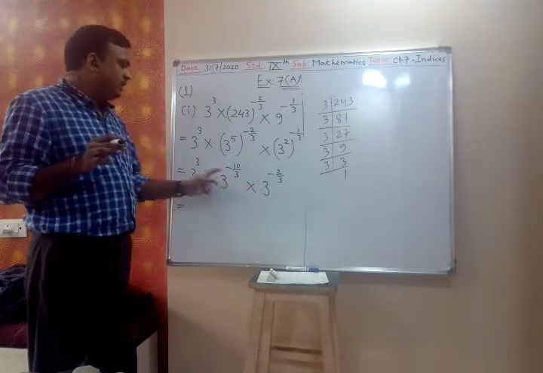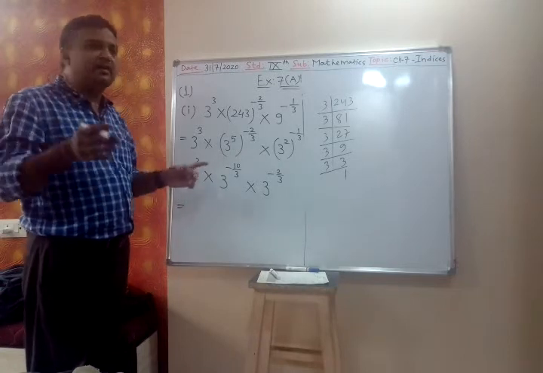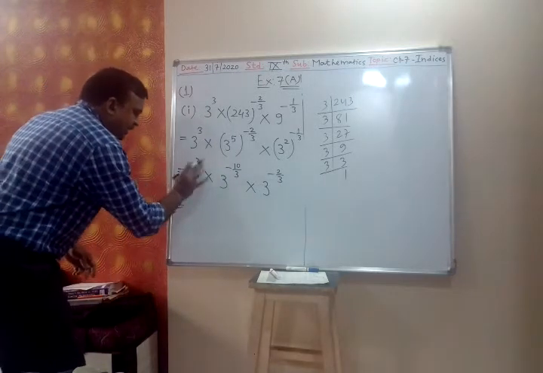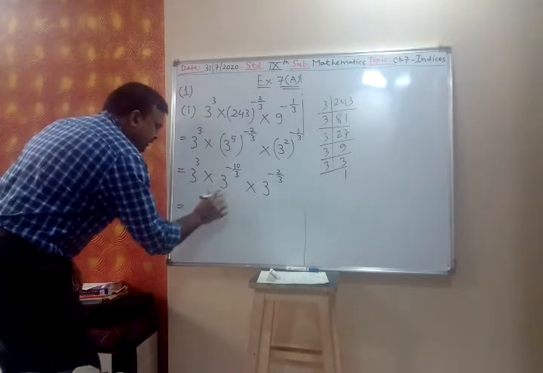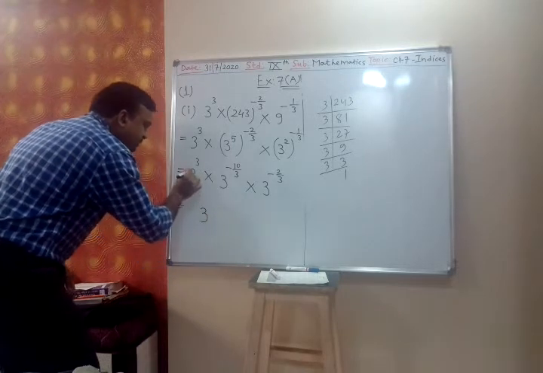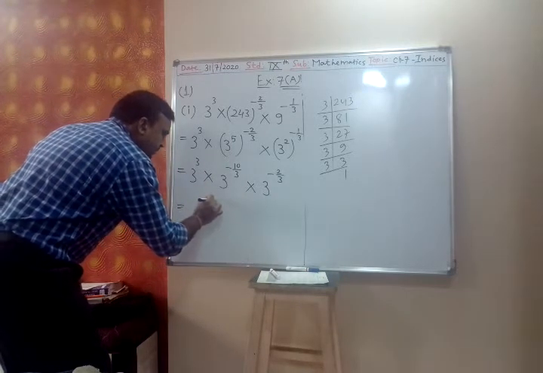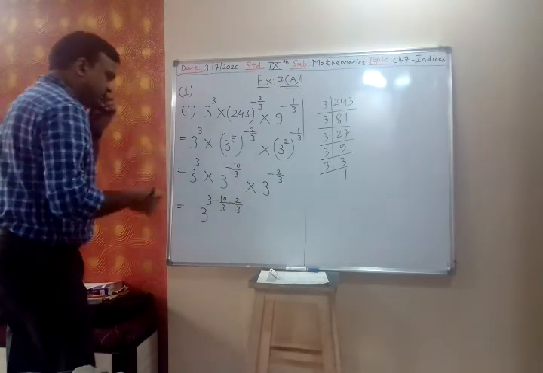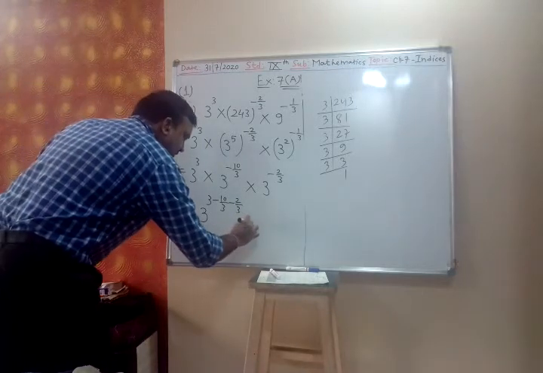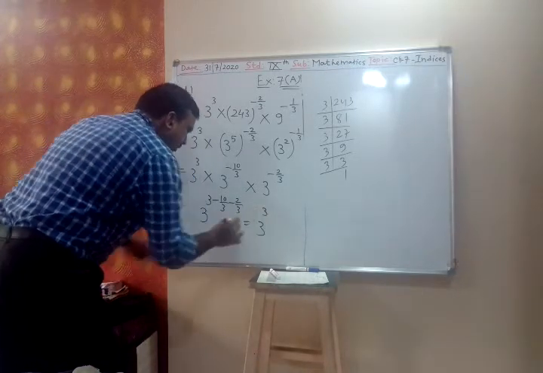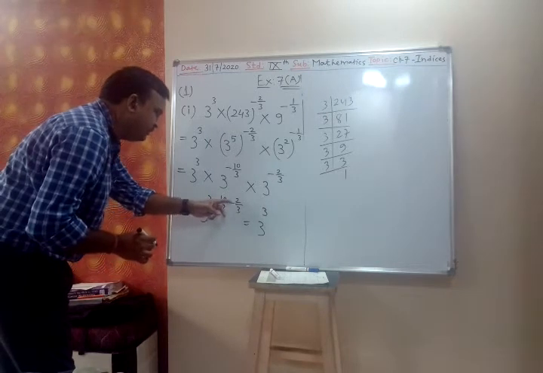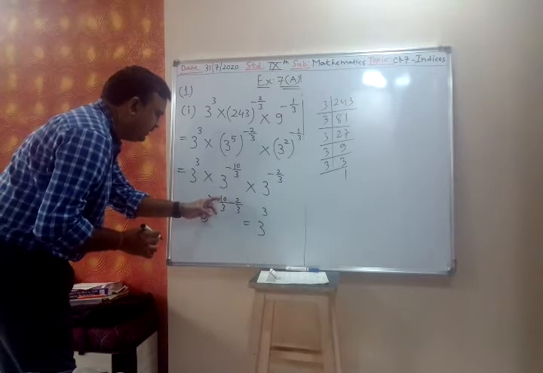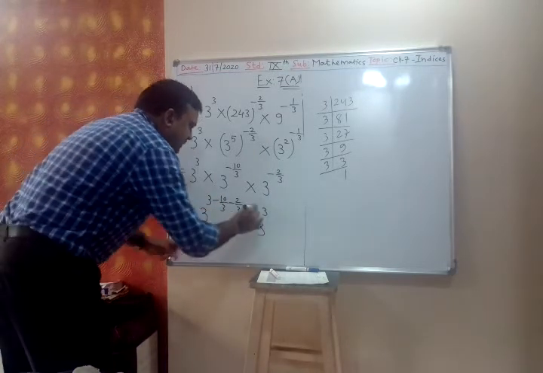Whenever there is multiplication of powers, a raised to m into a raised to n, we take the same base 3 and add the powers: 3 raised to 3, minus 10 by 3, minus 2 by 3. We simplify: minus 10, minus 2, minus 12. Minus 12 by 3 is minus 4.